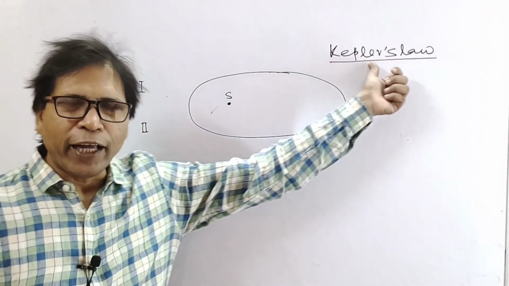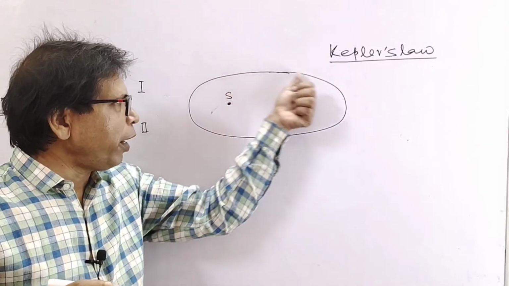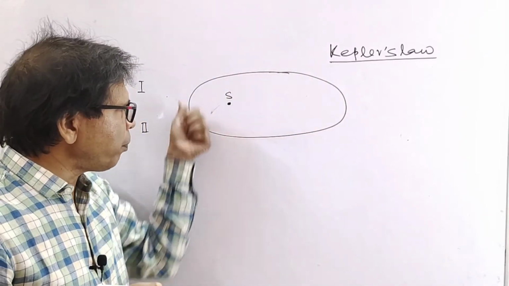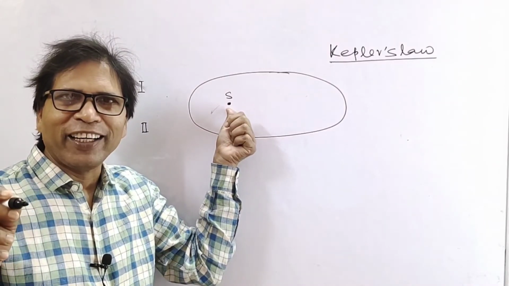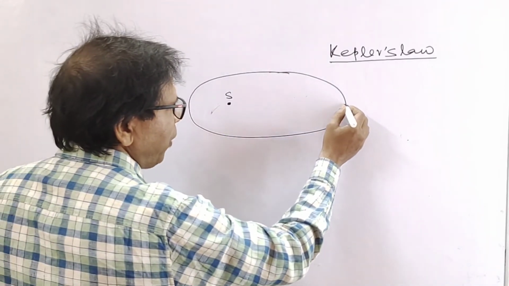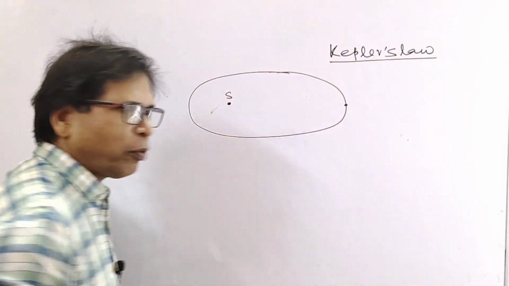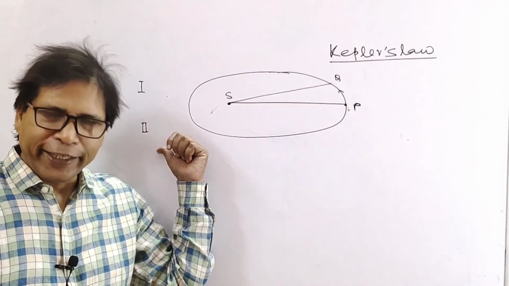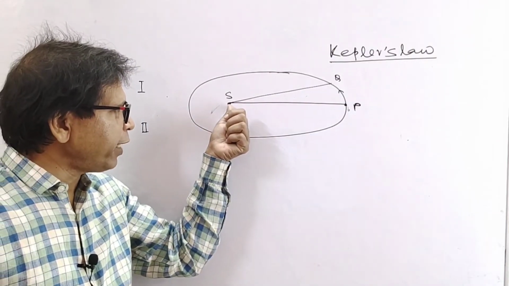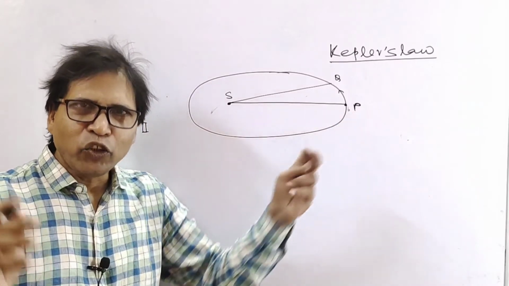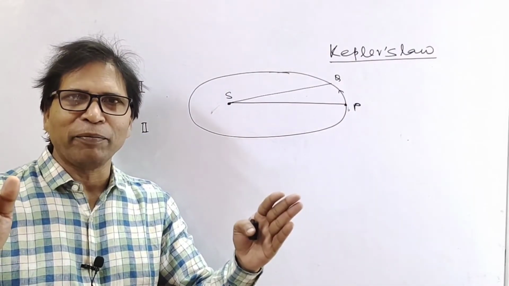Next, now Kepler's law. Every planet revolves in an elliptical path keeping the sun at one of its foci. So look at this, here the planet revolves around this path and the sun is one of its foci. Okay, the second law: the radius vector joining sun to planet sweeps out equal areas in equal intervals of time.